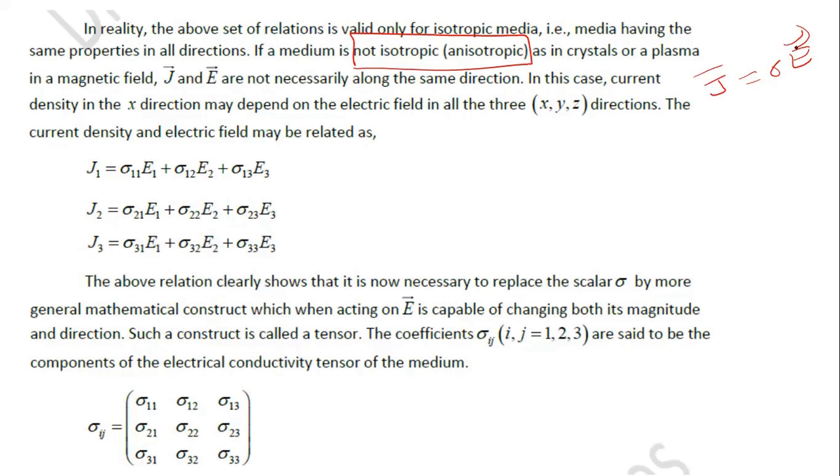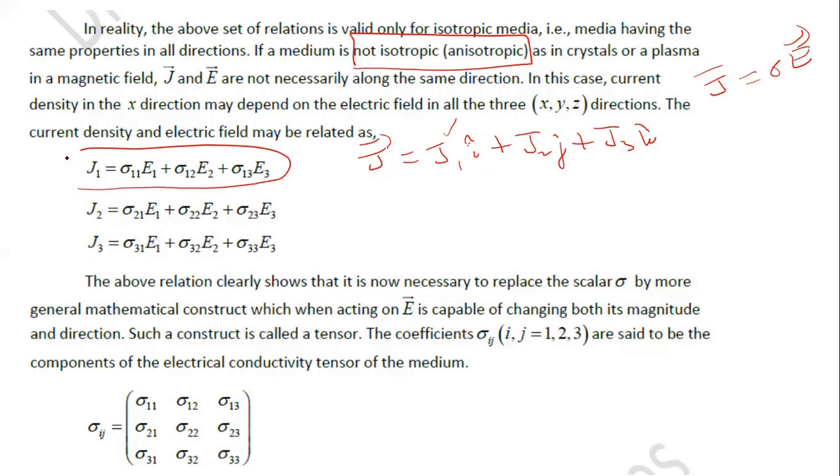Okay, so here if you write j as j1 i cap plus j2 j cap plus j3 k cap, the component of current density along the x-axis, j1, will now be different. So the previous relation, j1 equal to sigma e1, no longer holds.